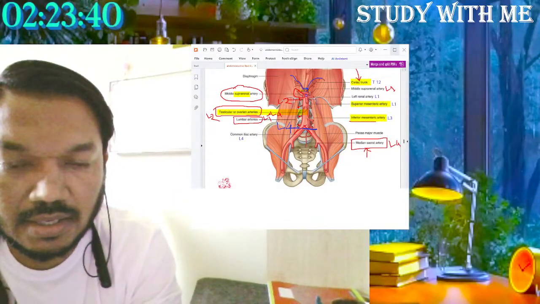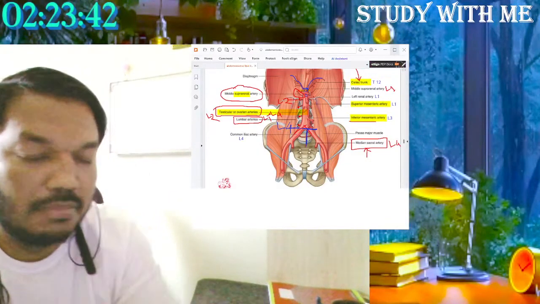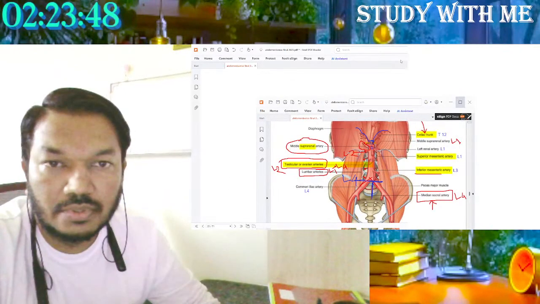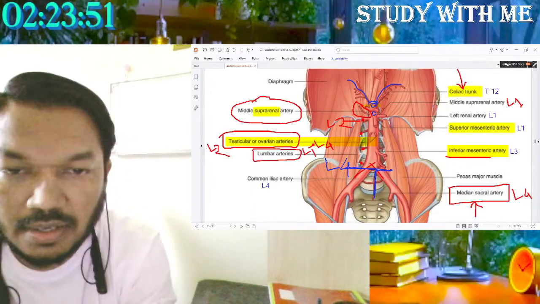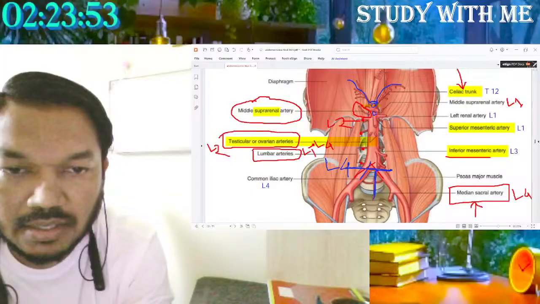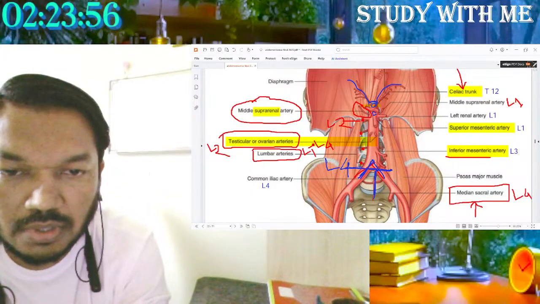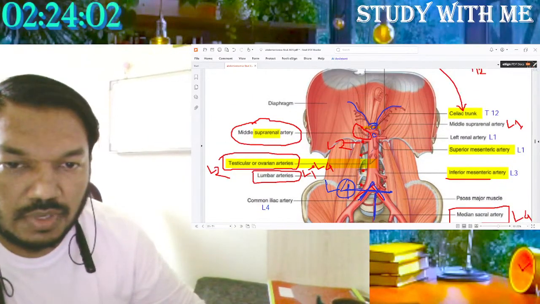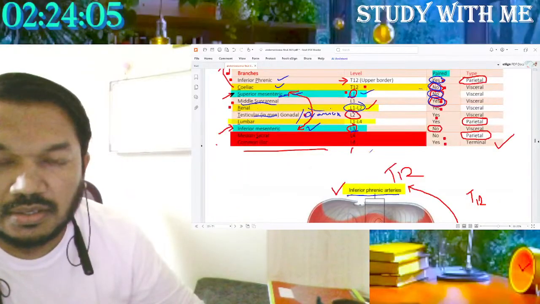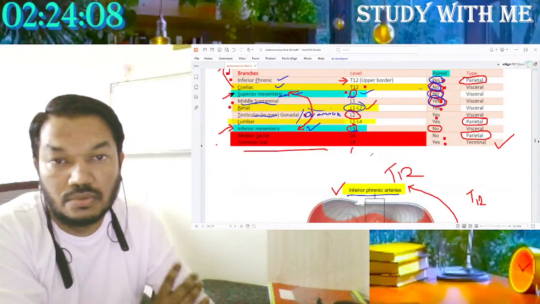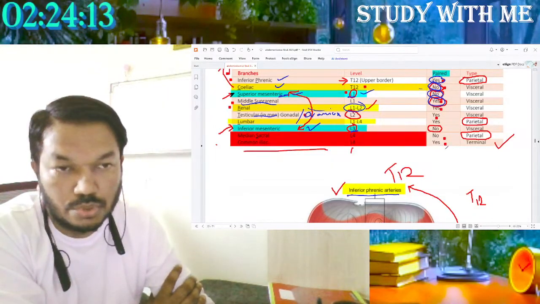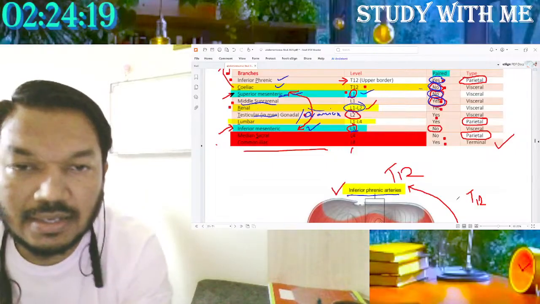Median sacral is also at the level of L4, but median sacral will go posteriorly and common iliac will remain anteriorly, but both are at the lumbar 4 level. Once again, median sacral is posterior, and common iliac remains anterior.